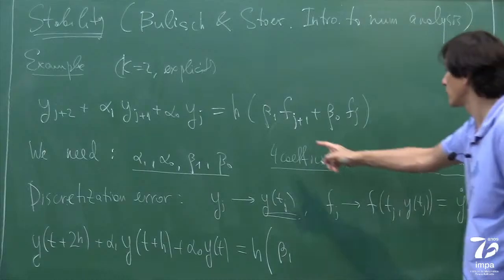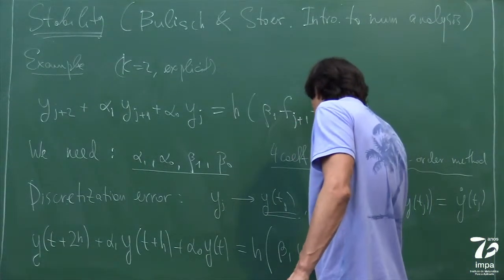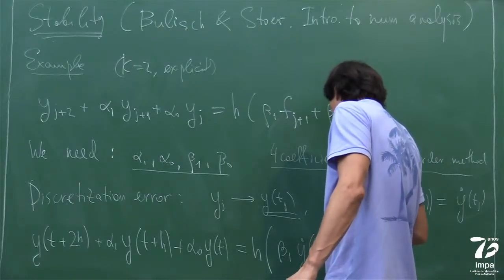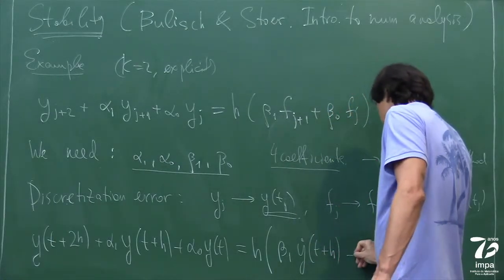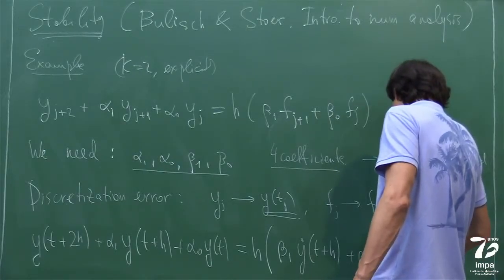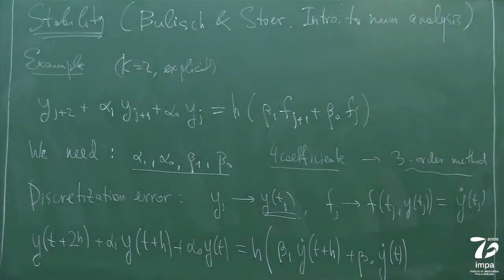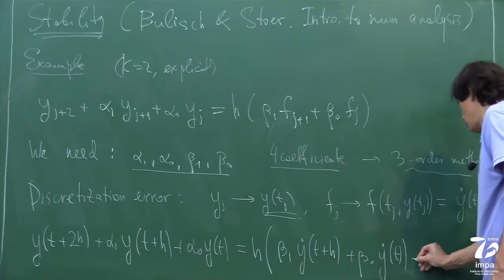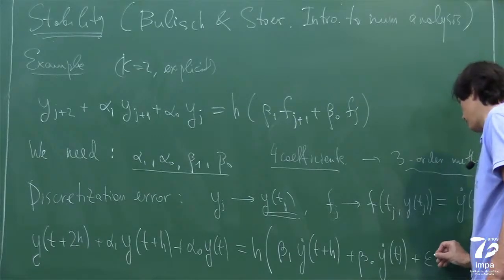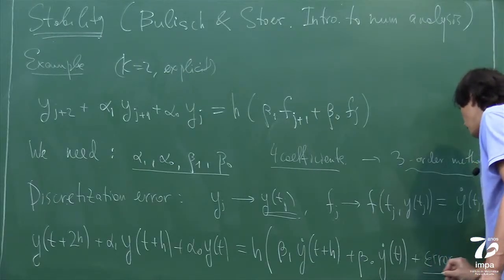So this will be beta 1 times the derivative at the next step, and this will be beta 0 times the derivative at the original point. So this is a relation, plus this, plus some error that we want to find.